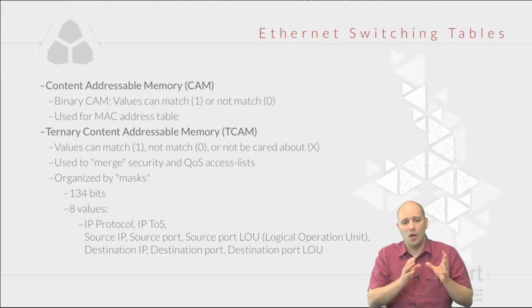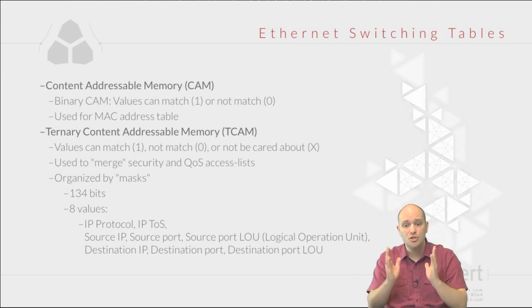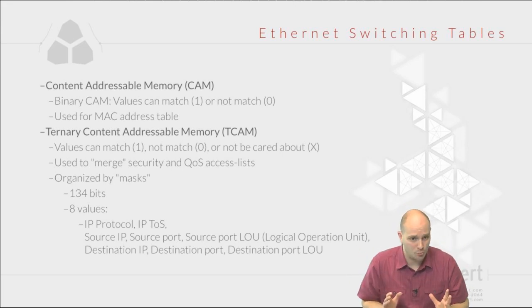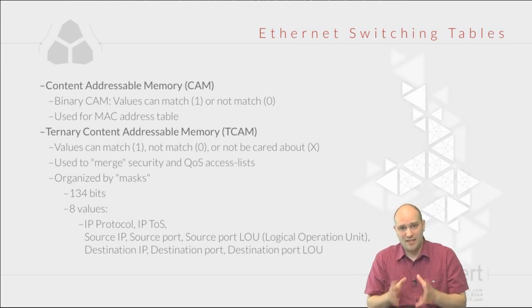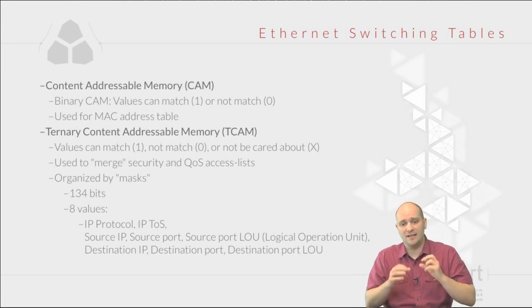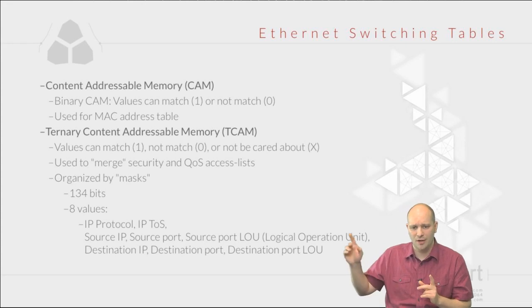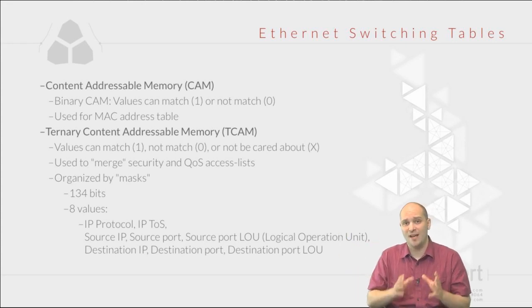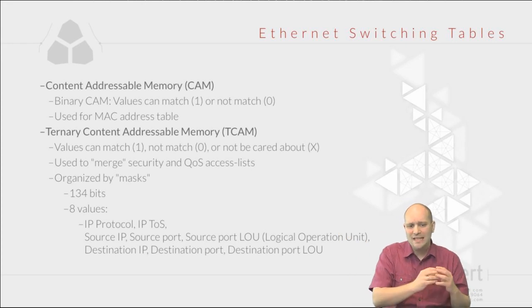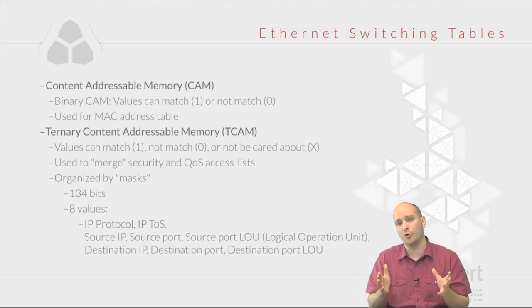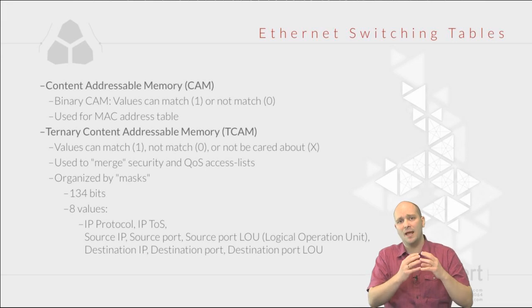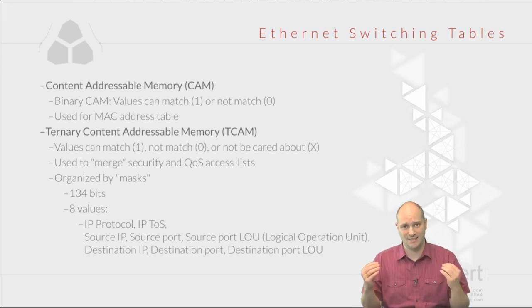This would be a logical operation unit, the range of ports that we actually want to match. We have the destination IP address, destination port, and destination port logical operation unit. I forgot to mention here, I see it now, that we also have the IP TOS, or the type of service information. So these 8 values, or 134 bits in total, form an entry, form a mask in our TCAM table that we can use to match against.